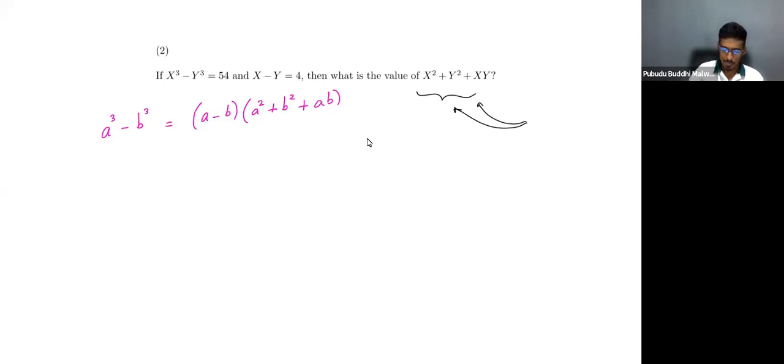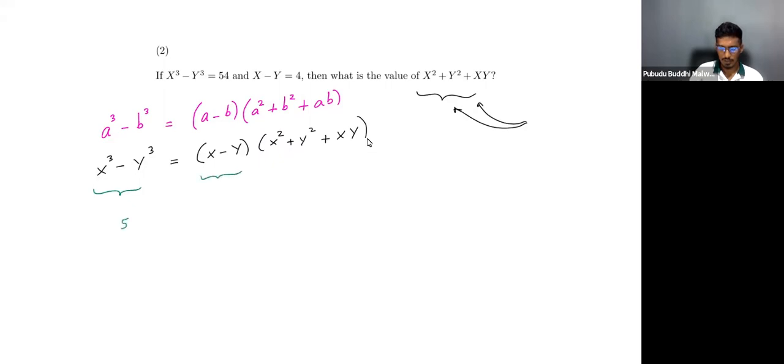So in this case, I'm going to apply this formula for x cubed minus y cubed. x acts like a, y acts like b. Then this part is just 54, then x minus y equals 4.